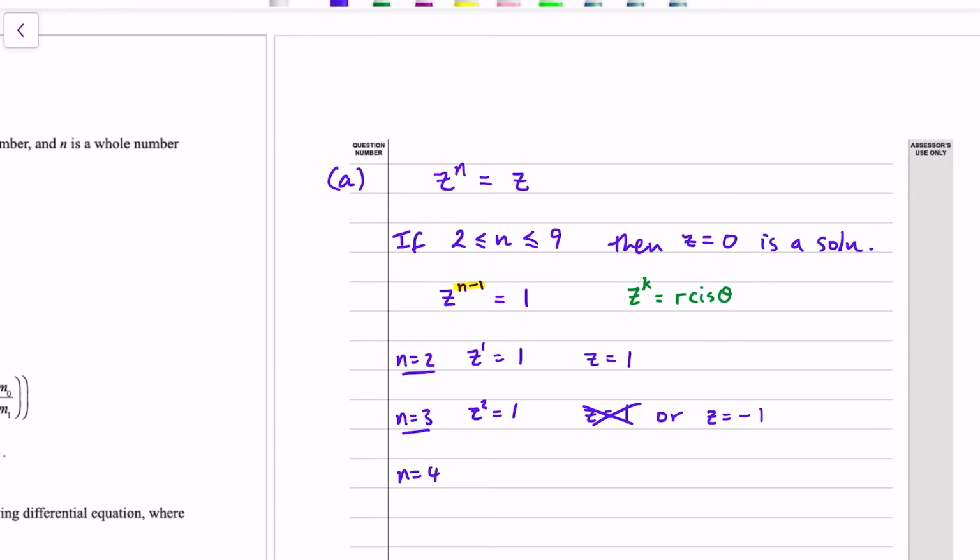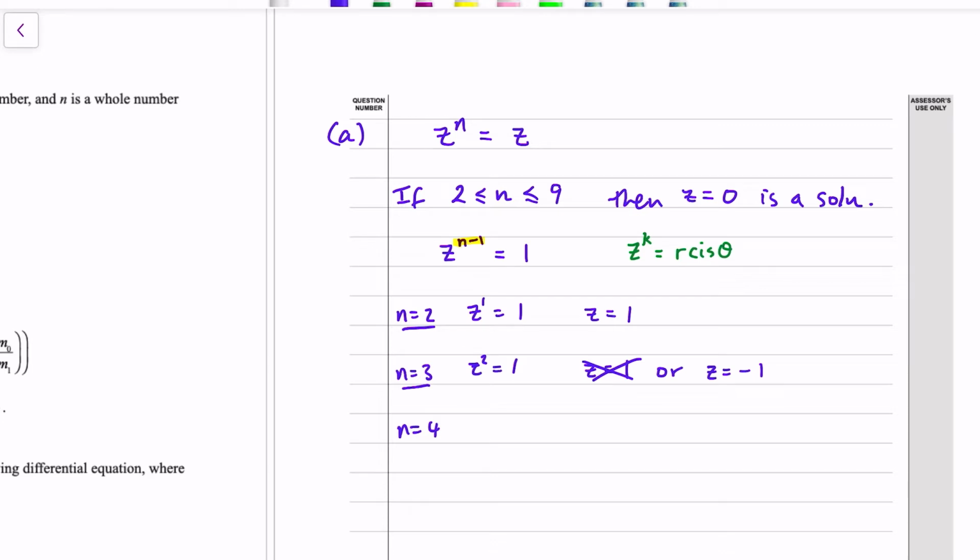n is equal to 4. Don't worry, we don't have to do this all the way up to 9. We're going to spot some patterns in a sec. n equals 4 is going to be z cubed equals 1. There's 3 solutions to z cubed equals 1. z is equal to 1, and then 2 other solutions that are equally spaced around the origin by 2 pi over 3.